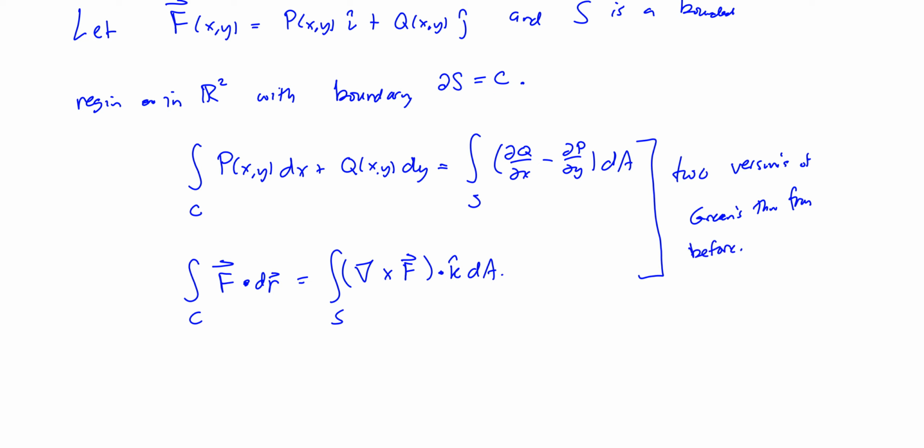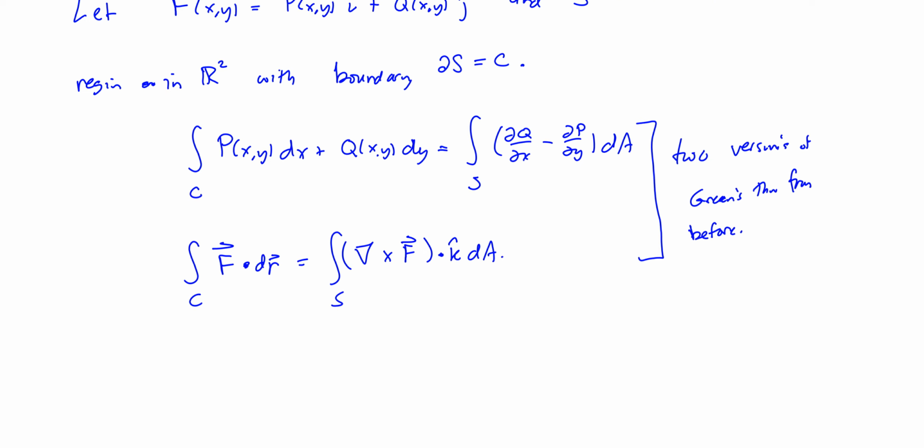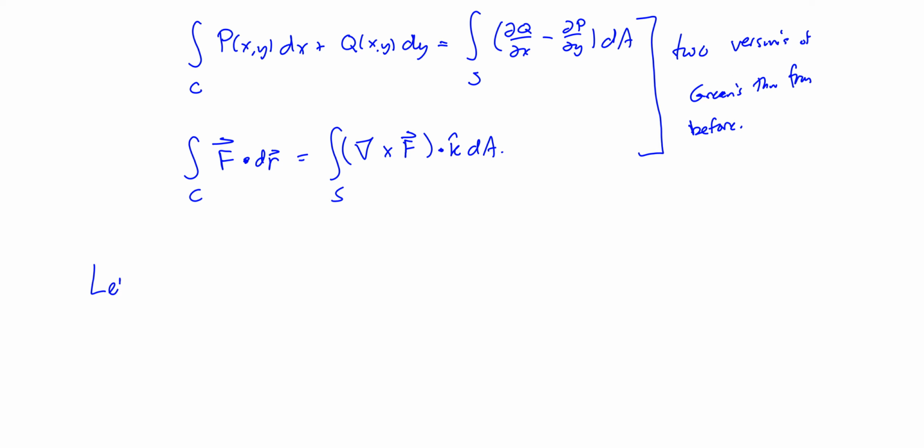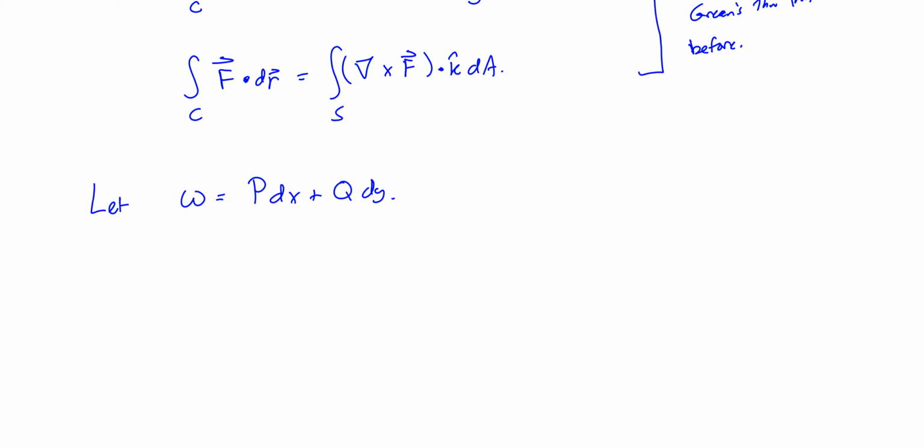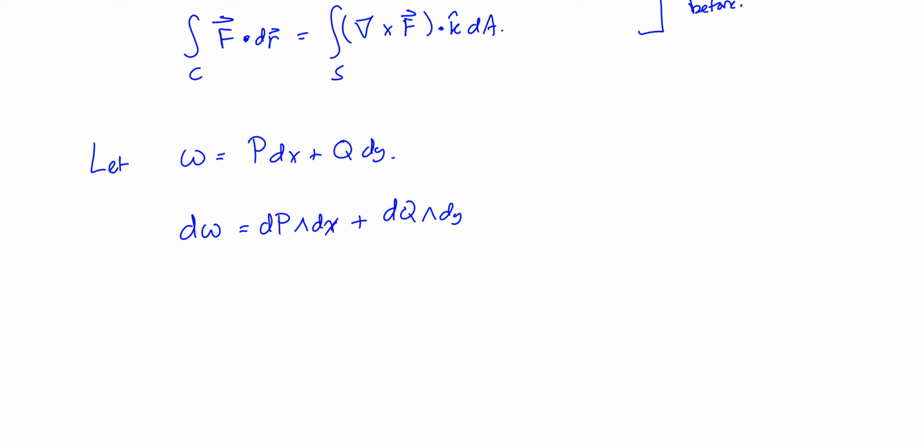So when we did it in terms of vectors, we wrote them that way. So now let's rewrite this. First, we see we already have a 1-form showing up here. So let's let omega be this 1-form. Now let's calculate the derivative of this. So if I do d omega, remember this is dP wedge dx plus dQ wedge dy.